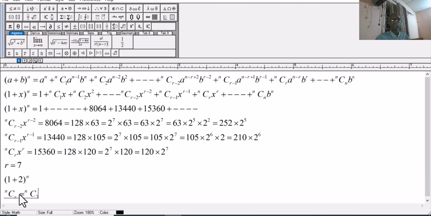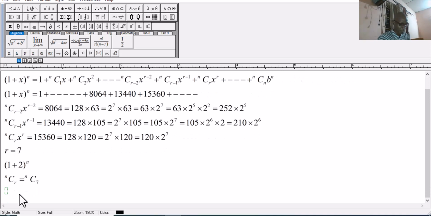So you can use the trial and error method to find the value for your n. You can start with a number greater than 7. So let's say we are testing now using the trial and error method.